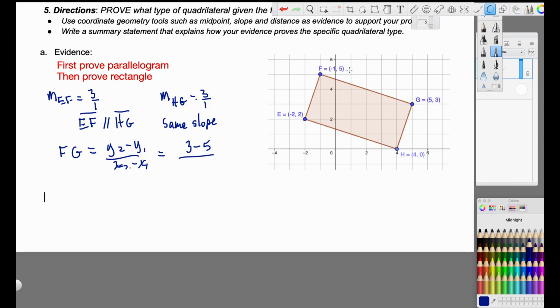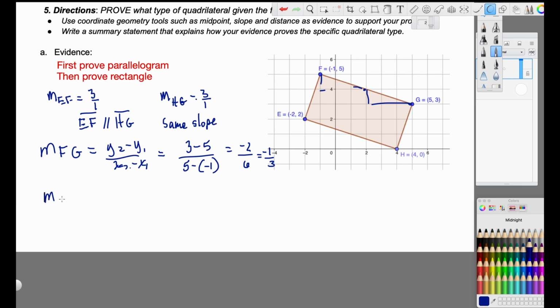Okay, 3 minus 5 over 5 minus negative 1. 3 minus 5 is negative 2. 5 minus negative 1 is 6. Negative 2 over 6 is negative 1/3. Let's check that. Down 1 over 3. Down 1 over 3. Yep, that worked. So that is the slope for FG.